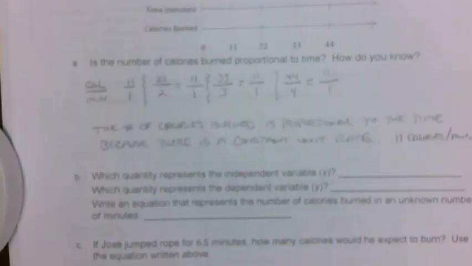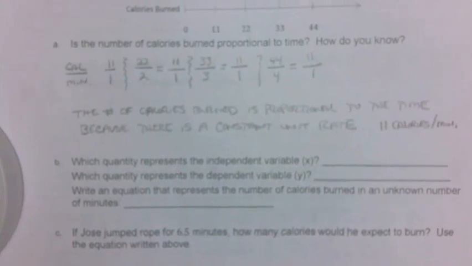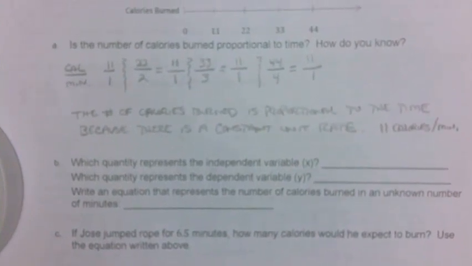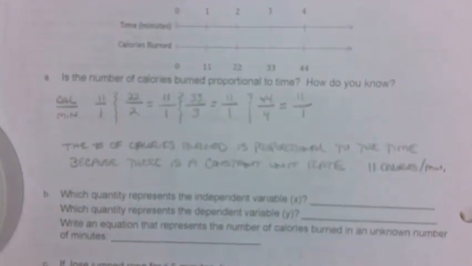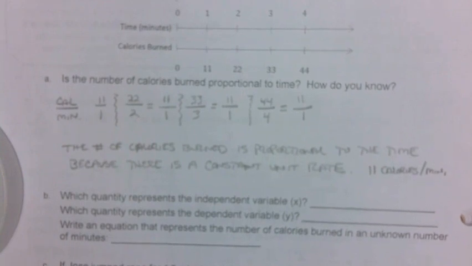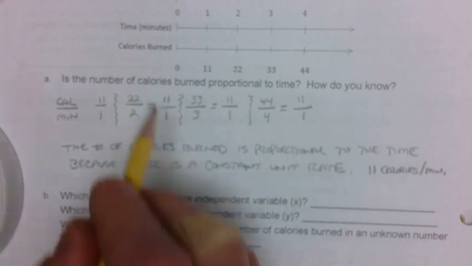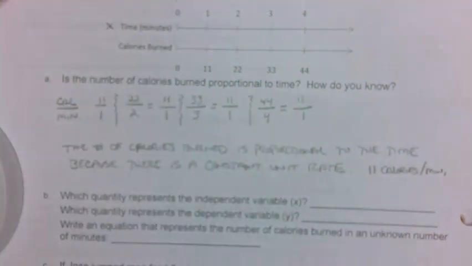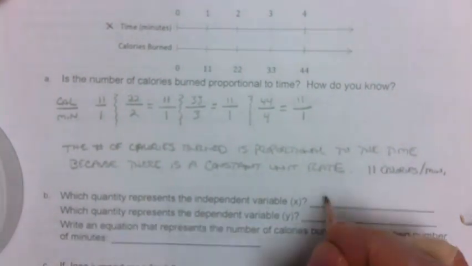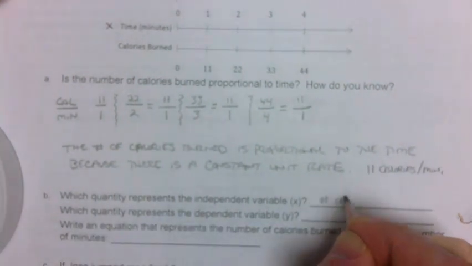Now, in the next section, they want to know which quantity is the independent variable x and which one is the dependent variable y. Well, the number of calories burned depends upon how long you've been exercising. So the time in minutes is your x value, your independent variable.